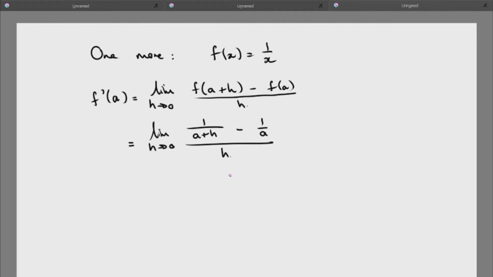I simply have to put the two top fractions together, and I think we have done that before with a specific number. So it's good practice anyway. So now the common denominator for the top guys are a and a plus h. The left numerator is going to have to be a, right numerator a plus h, and all of this is still over h.